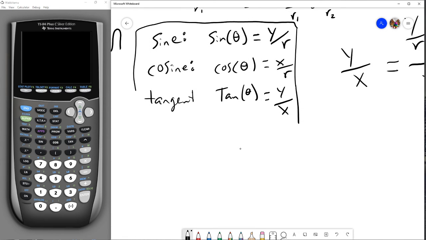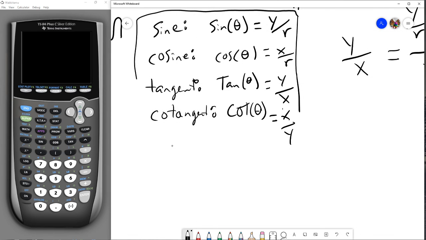And we can think of three more ratios actually. We have cotangent, and cotangent is denoted with COT. So cotangent theta is similar to tangent, but it's x over y. If we think about the relationship between tangent and cotangent, cotangent is the reciprocal of tangent. So we can define two more ratios that are the reciprocals of sine and cosine. We can define what's called secant, S-E-C.